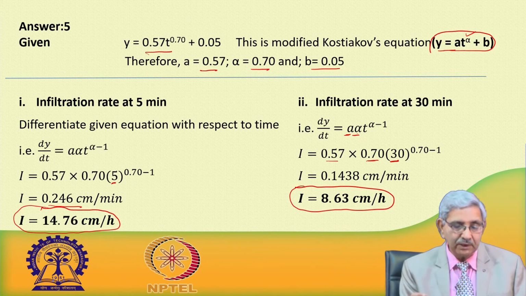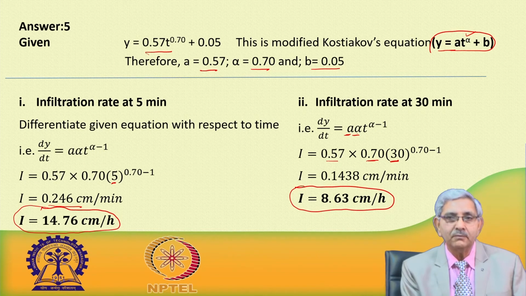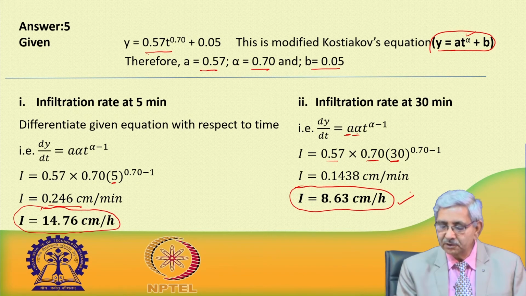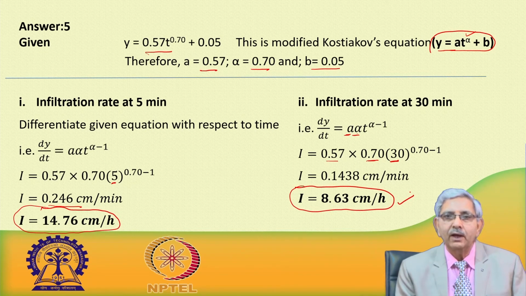So, here we can see that at the initial time the rate of infiltration is high, and as we go for a longer elapsed time, the rate of infiltration decreases with time.